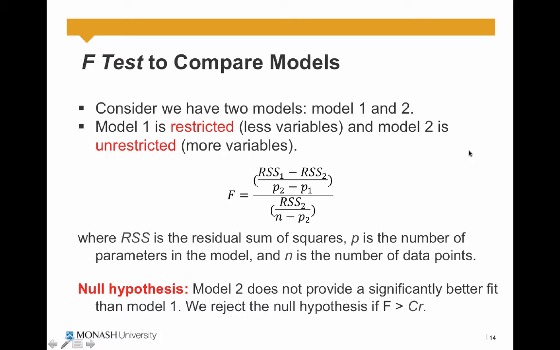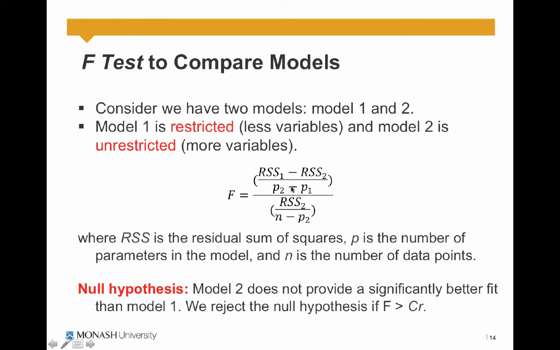We can then calculate the F value using this formulation, which uses the residual sum of squares of the first model, the restricted model, minus the residual sum of squares of the unrestricted model, over the subtraction of the number of parameters in the second model versus the number of parameters in the first model.